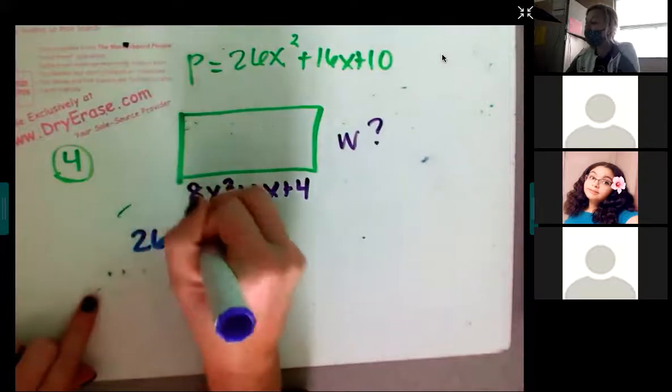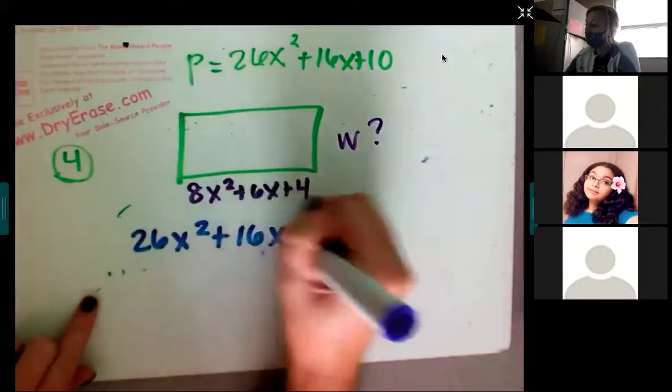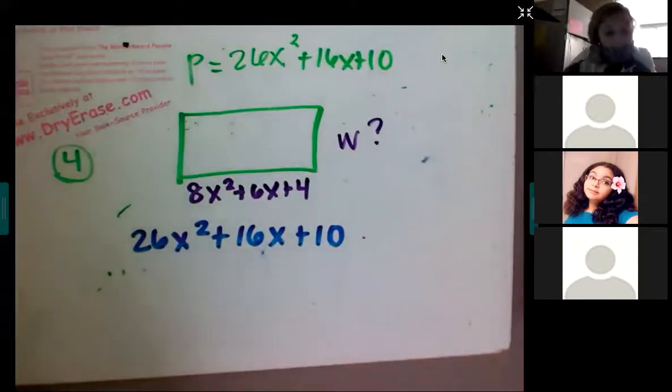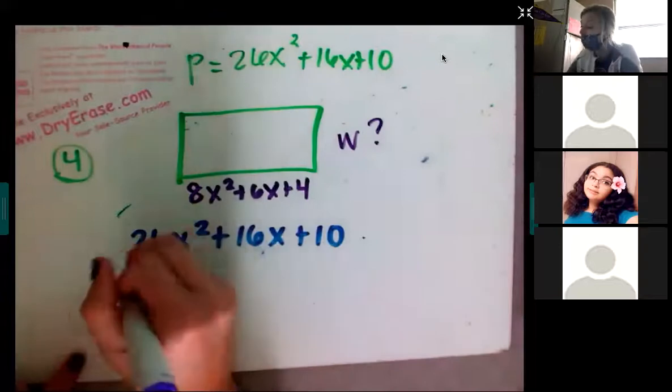If they give us the perimeter, can somebody tell me how we normally find perimeter? Add all sides. You add. And so a lot of you were like, okay, they gave me perimeter, so I got to work backwards. I saw a lot of you do this.